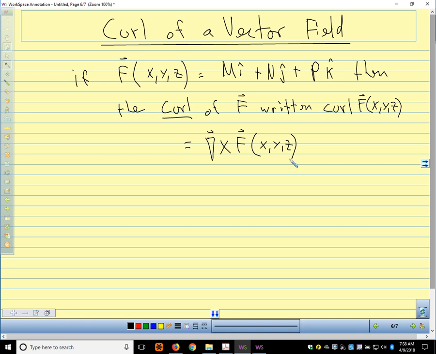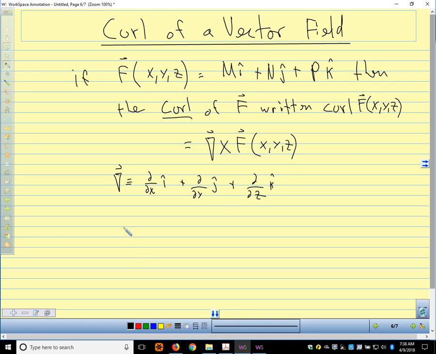So now we're using del as a vector operator, but now we're doing a vector operation on another vector. For the gradient, we made a vector out of a scalar function. Here we're operating on another vector. So we're thinking of del as defined as this operator: the partial with respect to x, i hat, plus the partial with respect to y, j hat, plus the partial with respect to z, k hat.